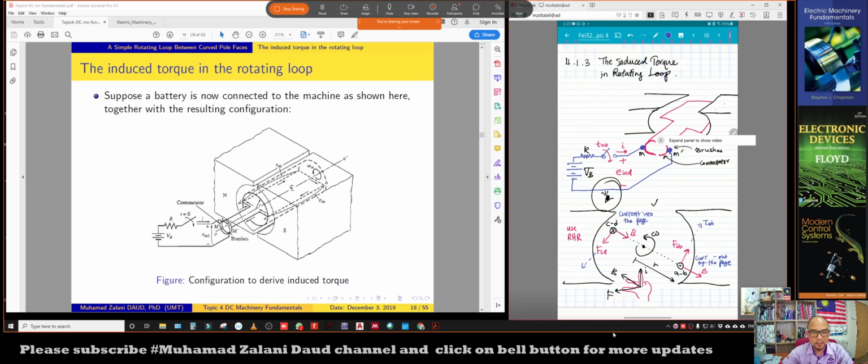The direction of the torque for the AB segment is the same as the force of the AB segment. Similarly, for the torque tau CD, the direction is the same as the force induced at the CD segment. Meaning that we know this rotor is rotating in the counterclockwise direction.